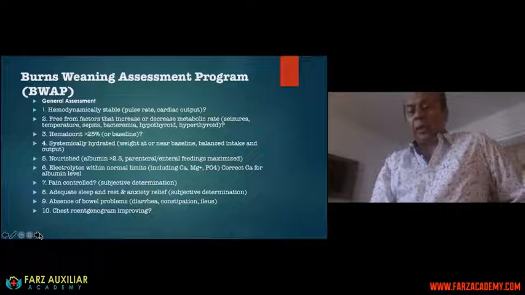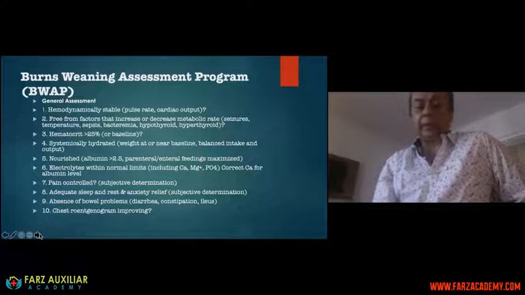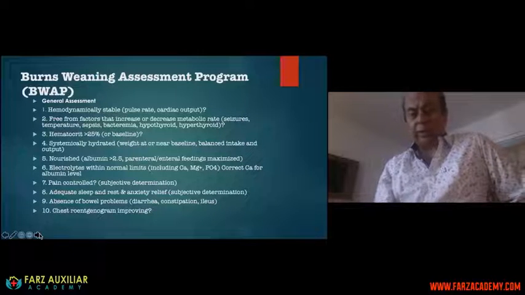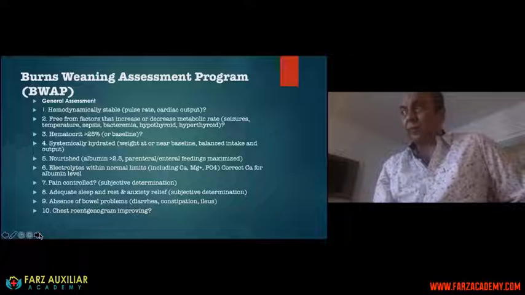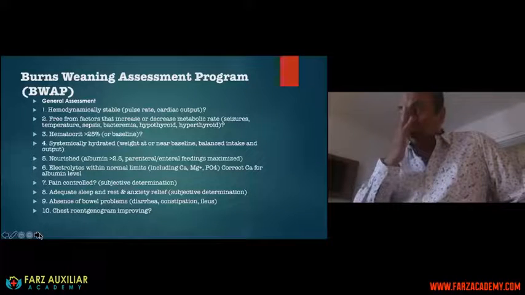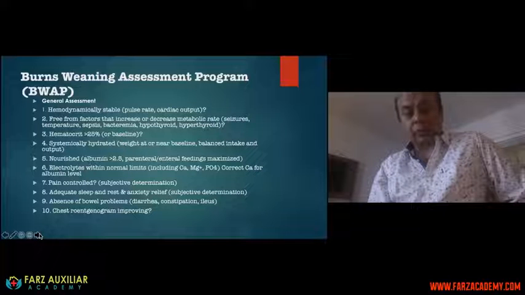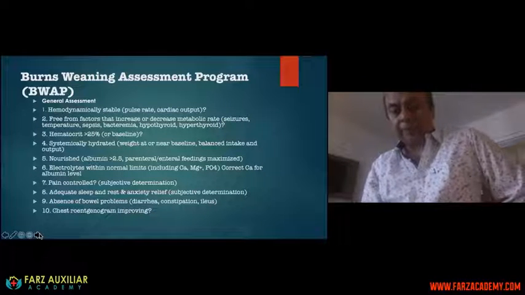Particularly, you should be careful about potassium and then some ions which are not routinely looked into, but in a patient who has a difficult weaning, you need to look into them: calcium, magnesium, and phosphate. Phosphate is not usually done, but if your patient has a difficult weaning, then the patient should be checked for hypophosphatemia.